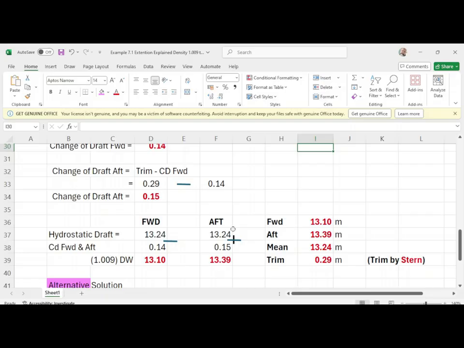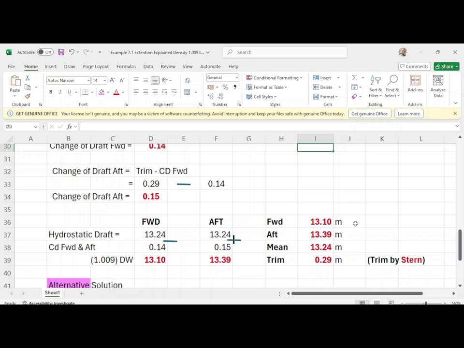Okay, and your up drop you have to add because this will sink. So your mean drop of 13.24 plus your change of drop up, which is 0.15, then your up will be 13.39. Okay, so your forward drop is 13.10, up drop is 13.39.